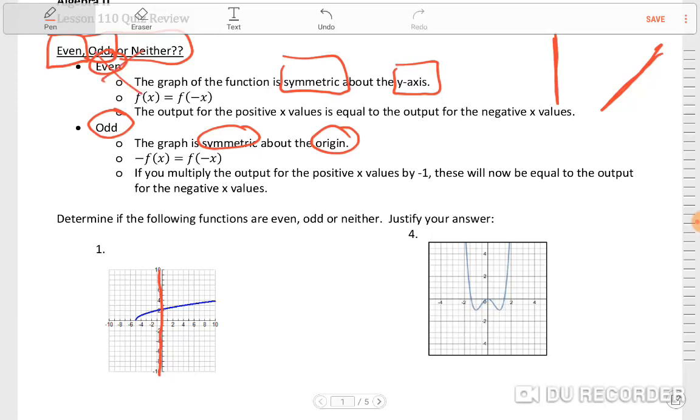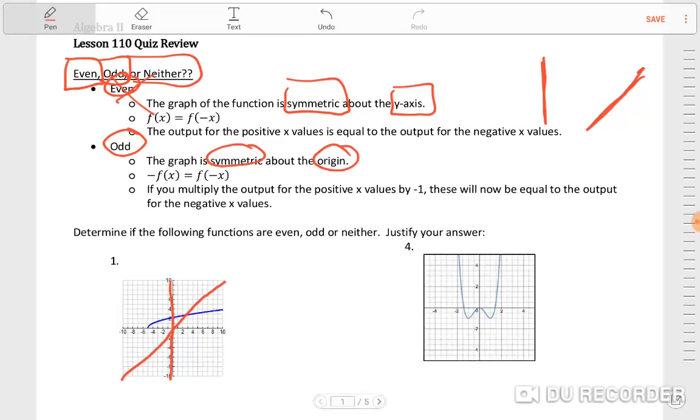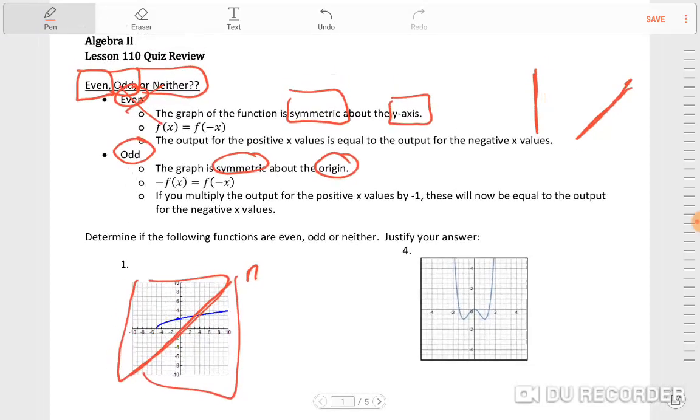And if I were to draw a 45-degree angle through the origin, which is also known as the equation y equals x, this part does not look like a mirror image of that either, so therefore this first one's going to be neither.